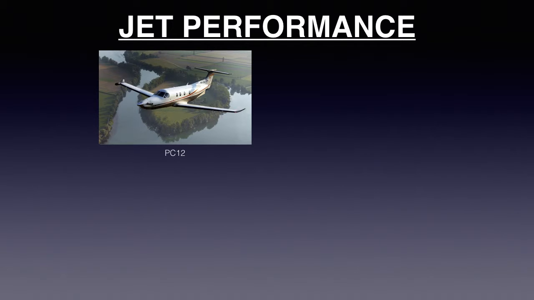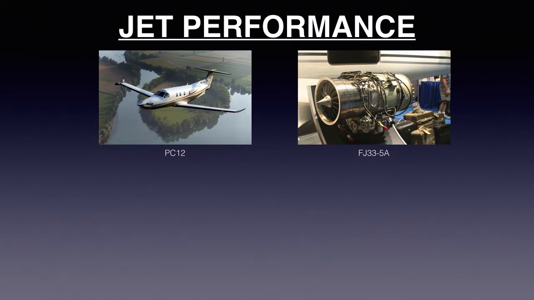So what I did is I took the ARAPA data that we have for this in the drag module, and I used it for this module. And since this module we had to pick a jet aircraft, I decided to mate the Williams FJ33-5A engine, which is basically used on VLJ aircraft, with the PC-12 just to get an idea, with the PC-12 drag profile, what kind of speeds I would get with this aircraft.